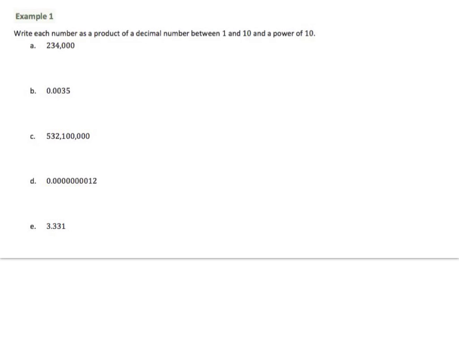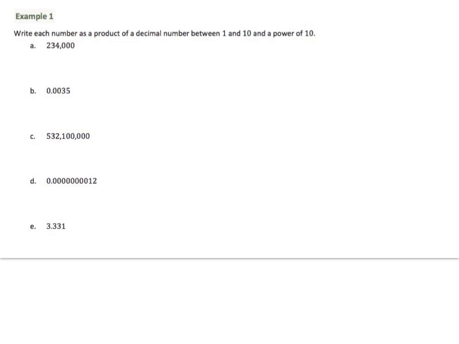All right, so why are we doing this? We're reviewing scientific notation because it's going to help us build into our exponential functions, which gives us a lead into logarithms. So for this one, write each number as a product of a decimal number between 1 and 10 and a power of 10. So I have to change 234,000 into a decimal number between 1 and 10 and a power of 10.